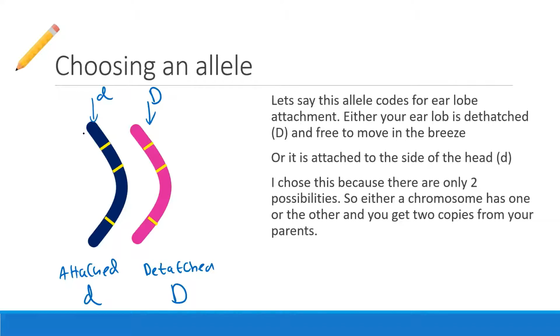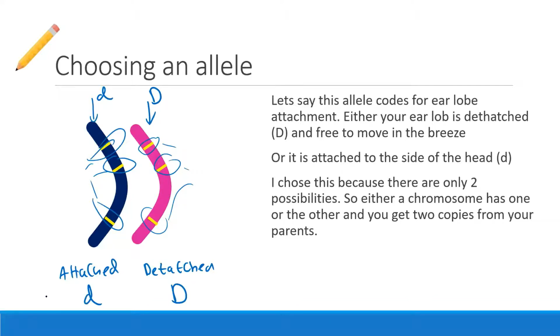Your father's DNA at these particular parts might tell your earlobe, you've got to be attached to the side of the head. Whereas your mother's DNA might say, no, you should be detached. You need to not be connected to the side of your head. So we end up with a weird question here. Which one of these two wins?